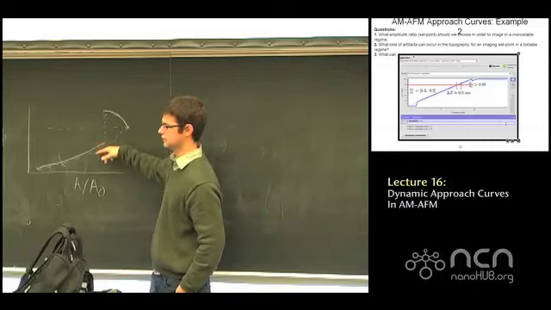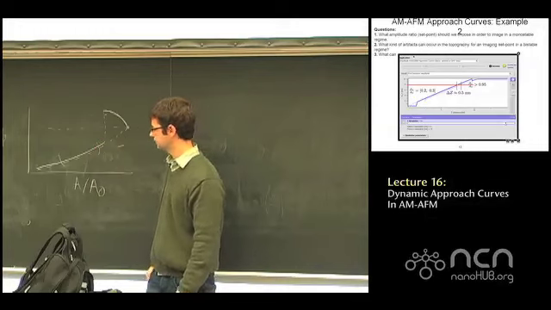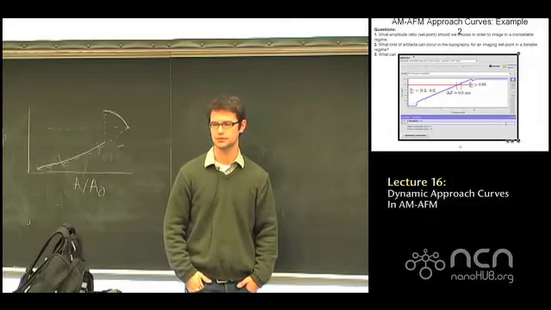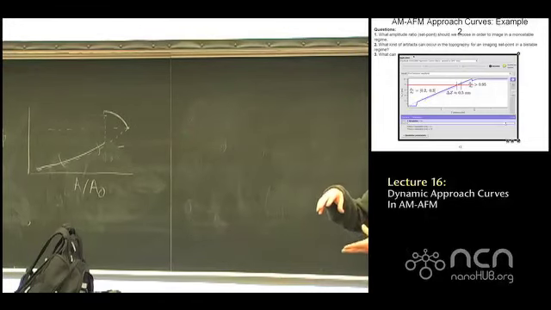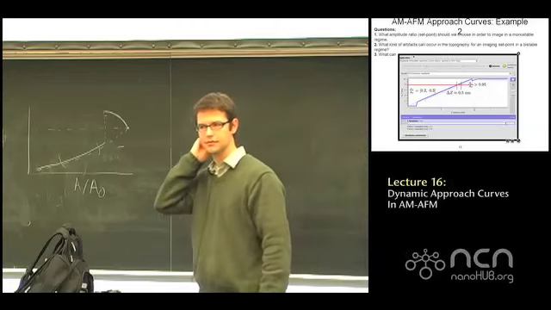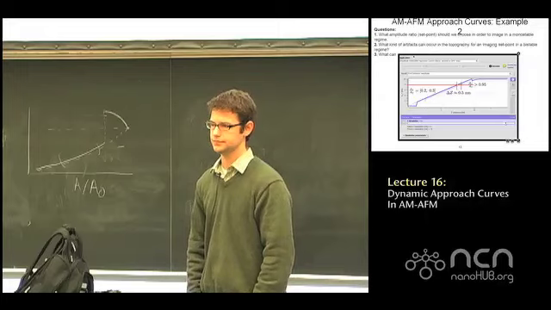The fact that it's less than 90 indicates it's repulsive; if it's greater than 90, it's attractive. But basically you want to avoid regions where the curves have hysteresis in them, indicating that they could be at two different oscillation states in that region.